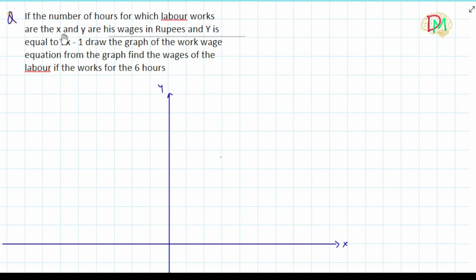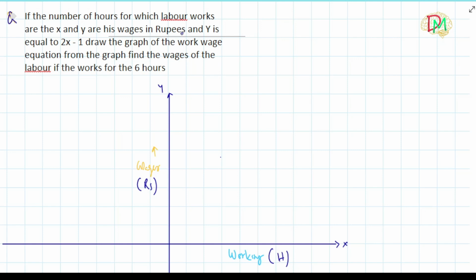Here it is clearly mentioned that along the x-axis we consider the number of hours, that is the working hours of the labor, and along the y-axis we consider the wages, that is rupees. Clear?